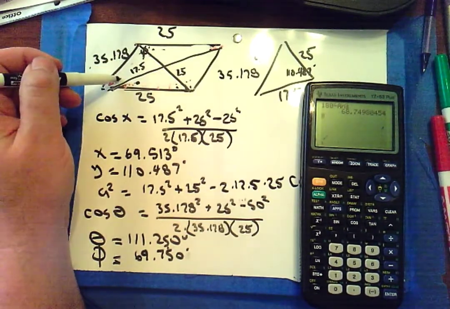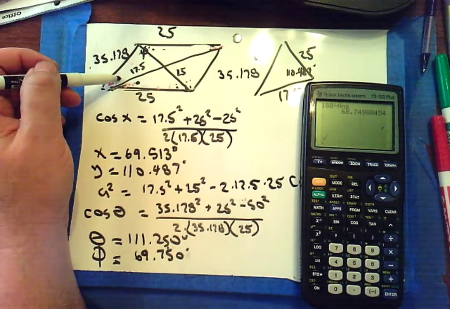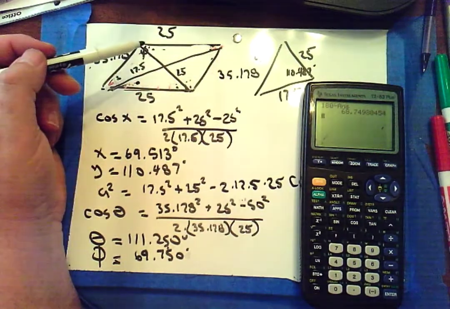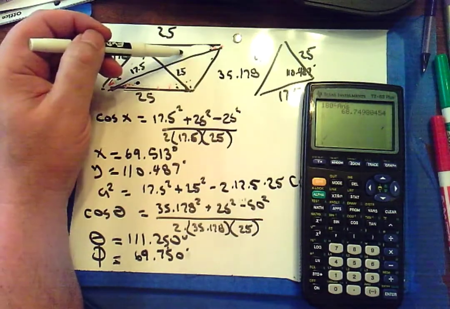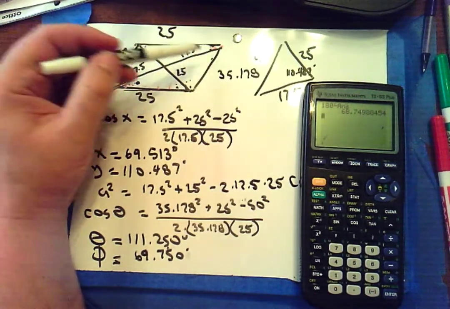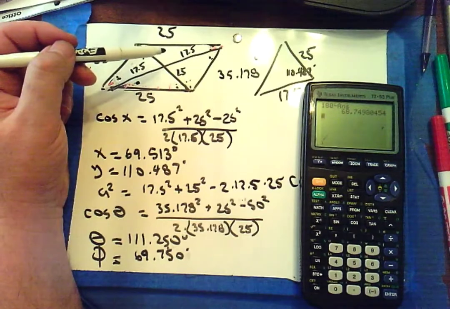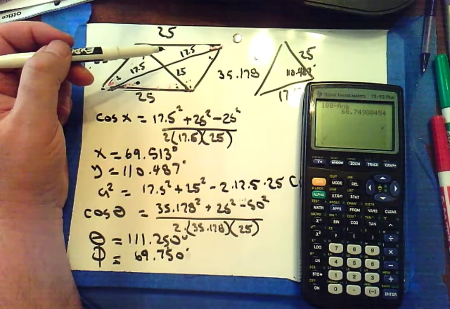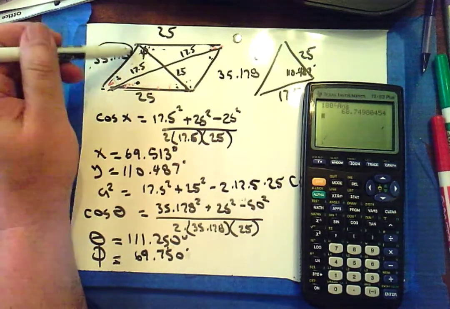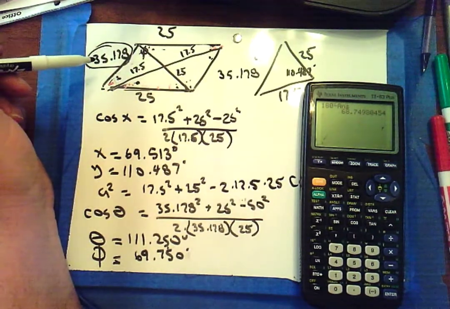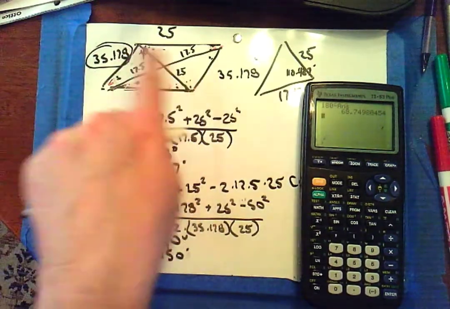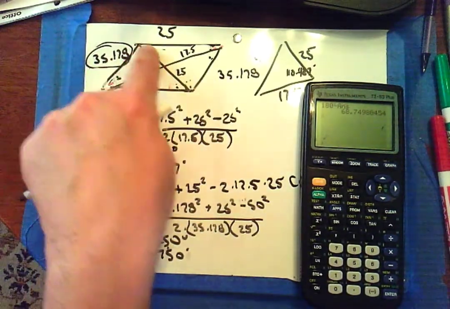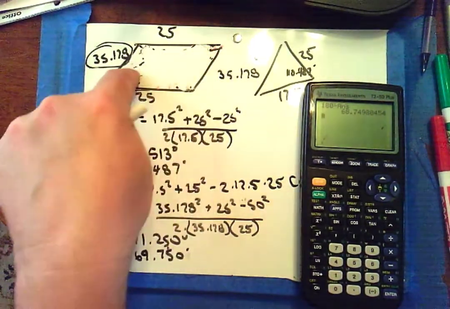I'm trying to figure out a way to find this one, and this one is alternate interior with that one. And I know that this is 17.5, and I've got this. So I have enough information, but I still have to find that side first. I think that only using the diagonals to help you find A is much more efficient.